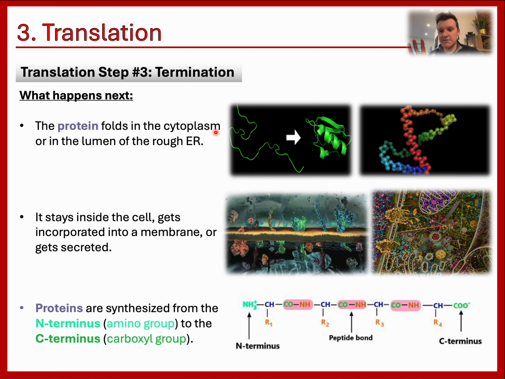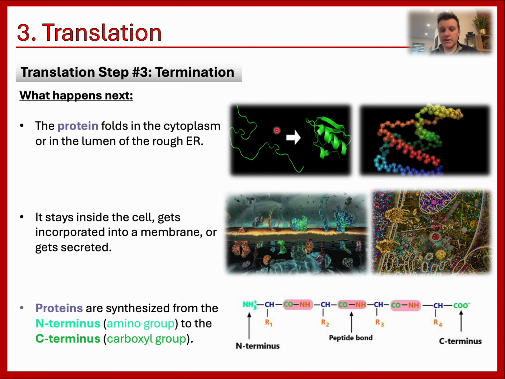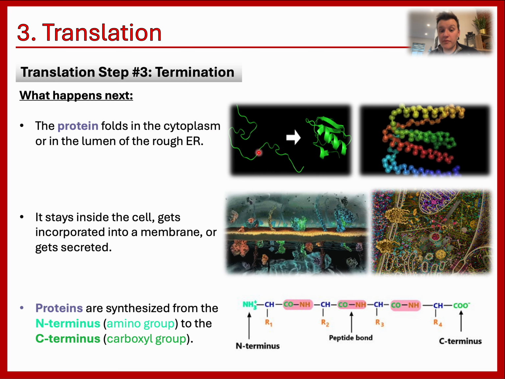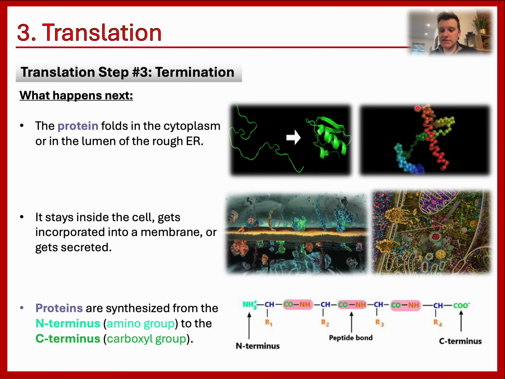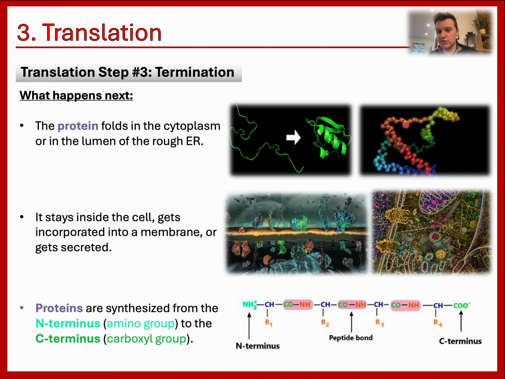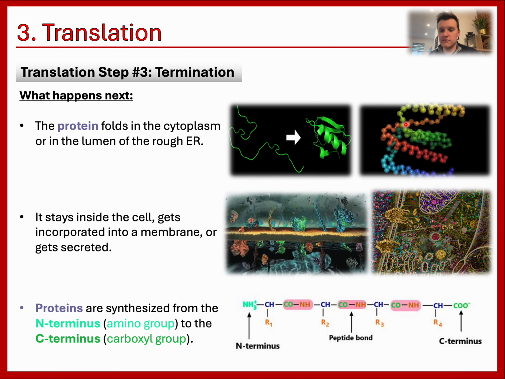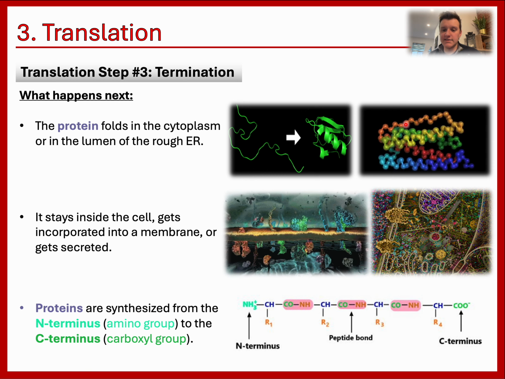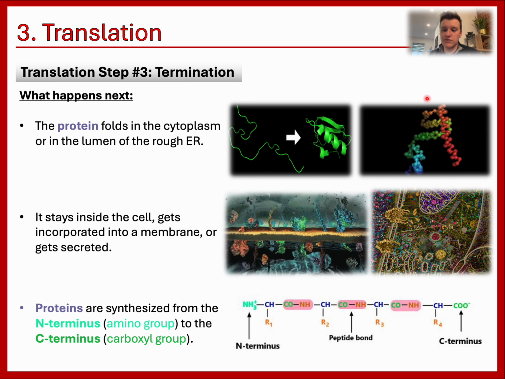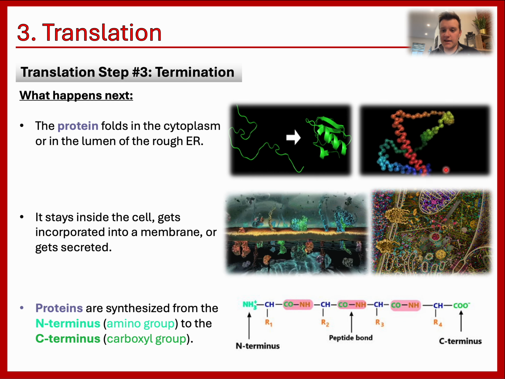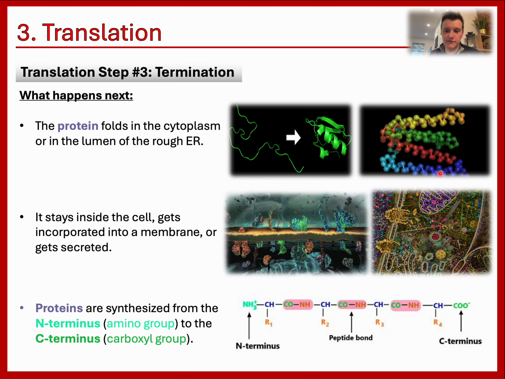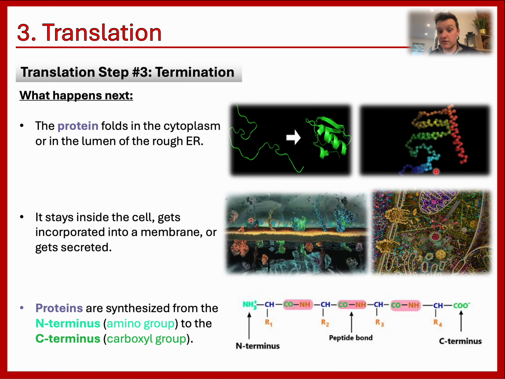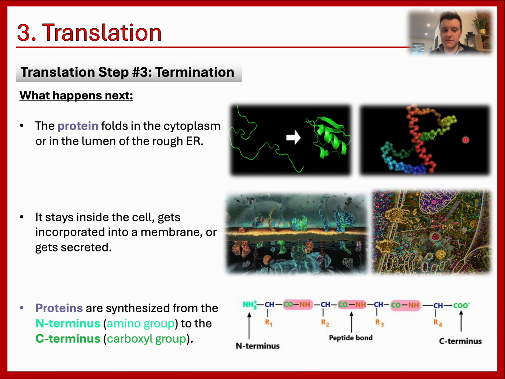Remember, we said sometimes in the rough ER it does its little folding, and you need proper folding to have your function. Remember sickle cell disease, we have a mutated protein, the folding doesn't work, and we're done, right? You get a disease. So here your protein is nicely folded. Again, you don't want to have fever, or else you're going to have this unfolding of your proteins, and that's not good for you. You don't function.